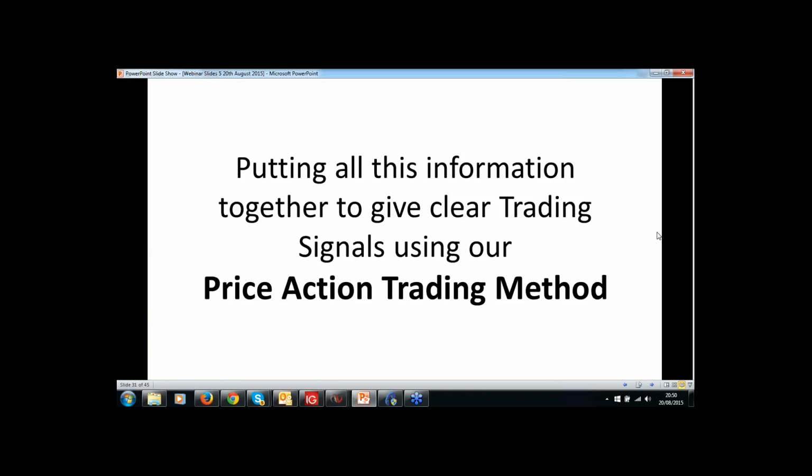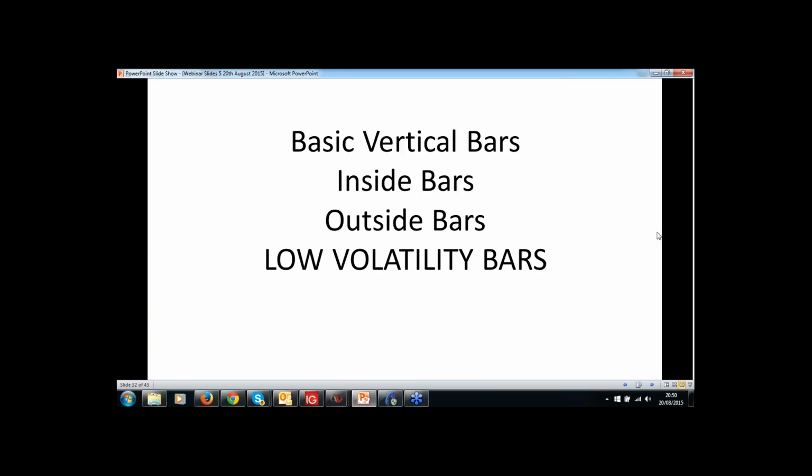But getting very much into the price action mindset here, we want to put all this information together to give clear trading signals. Now, this starts off by learning the basic vertical bars, by learning what inside vertical bars are, outside vertical bars are, and low volatility bars.